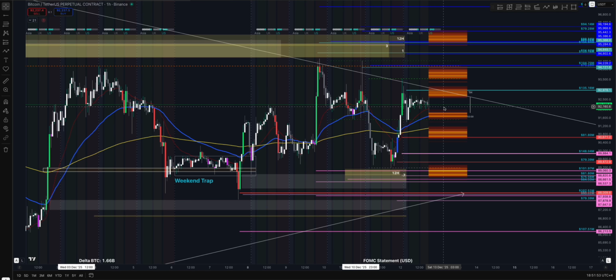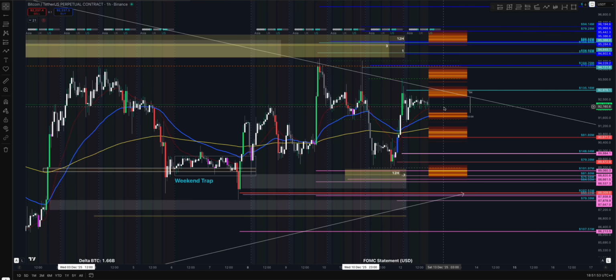But before we reach that level, we need to look at how the price will react in this heat map here and in this zone, and look if the bears are still there. And at the moment, as you can see, the bears are still there.